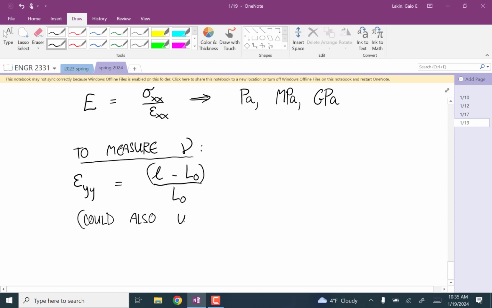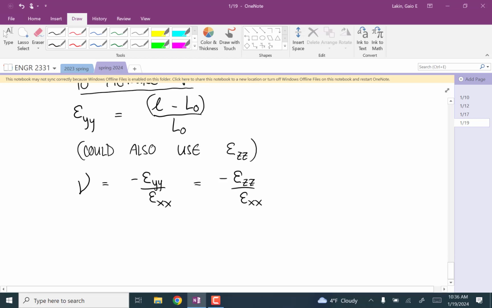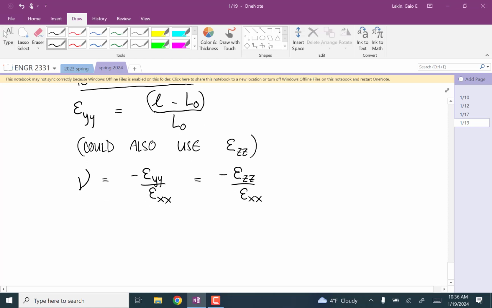You could also use the same idea to calculate the Z normal strain. And then the Poisson's ratio is negative EYY over EXX, which is going to give you the same value as negative EZZ over EXX. There's a range of possible values here.